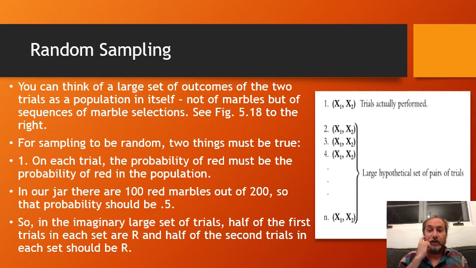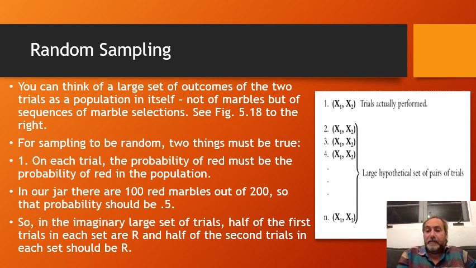Now let's imagine a large set of outcomes of these two trials as a population in itself. It's not a population of marbles, but a population of sequences of marble selection. Suppose we only perform one set of trials, x1, x2, and it's RR, or whatever it ends up being, but there's also a huge set of possible trials if you kept going on and on.